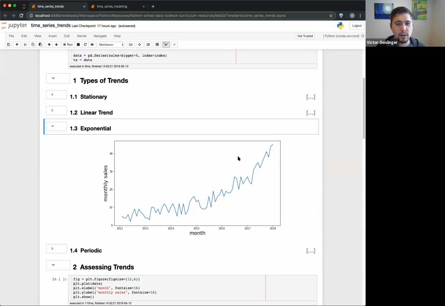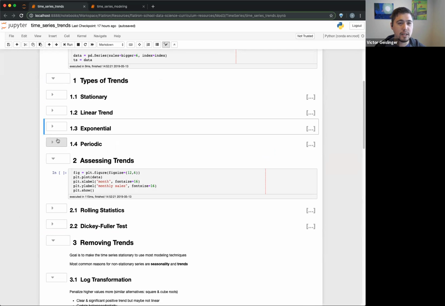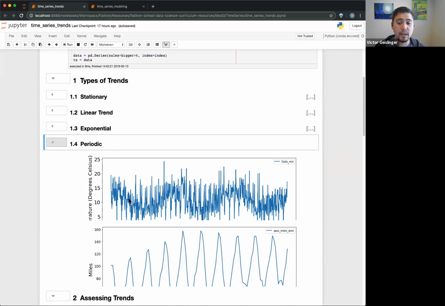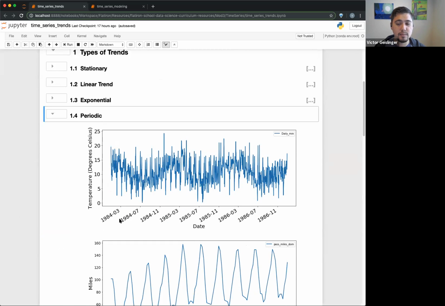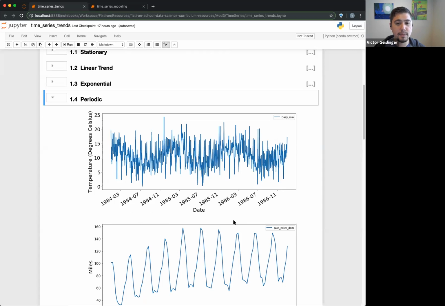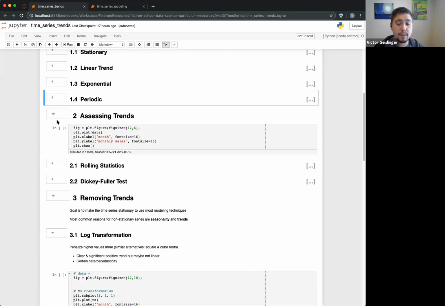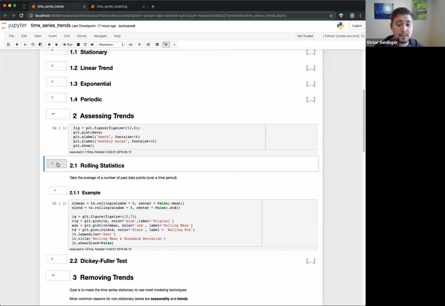These are things we don't like to have when we want to do analysis. Then we have periodic trends, which are much more like a fluctuation going up and down. I keep mentioning carbon dioxide levels or temperature, which basically go up and down.